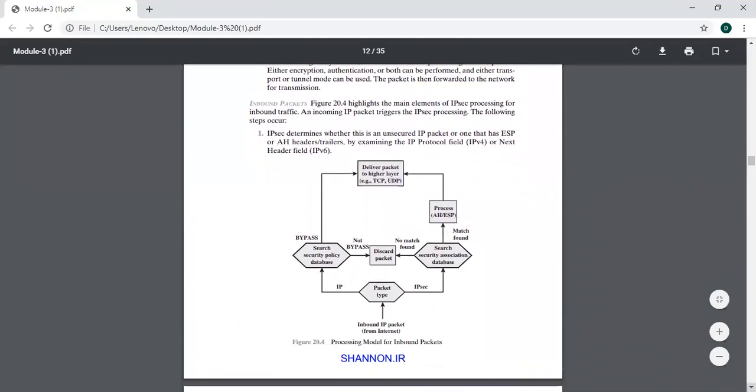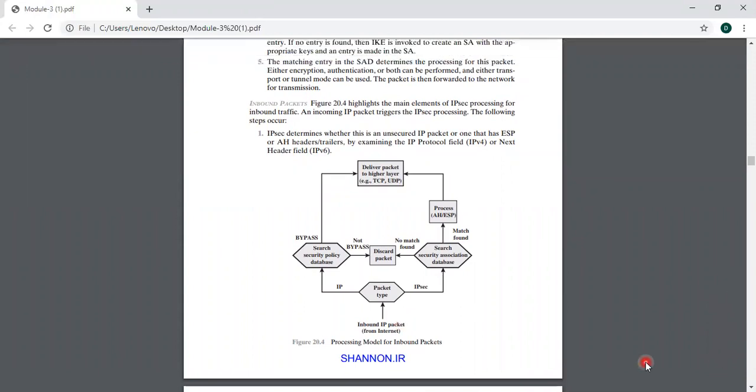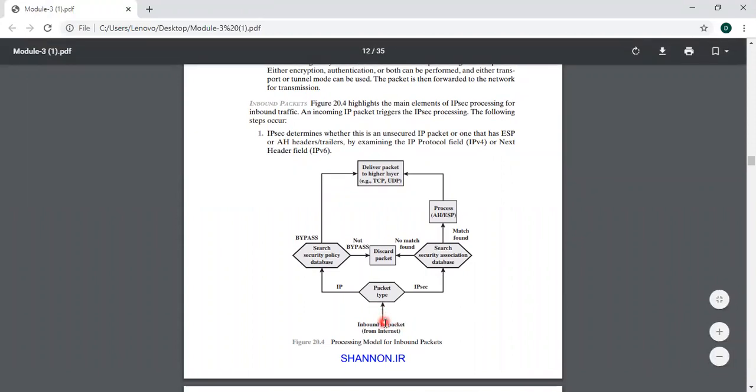Next is inbound packets. Inbound packets means nothing but the receiver side. So here you can see the packet is received, then that packet is given to the security policy database. Then it is bypassed and the packet is delivered.